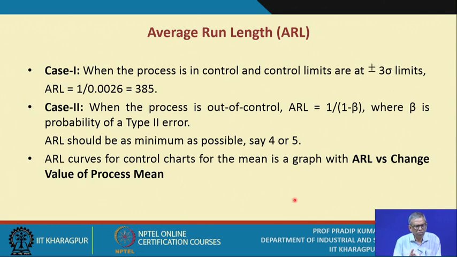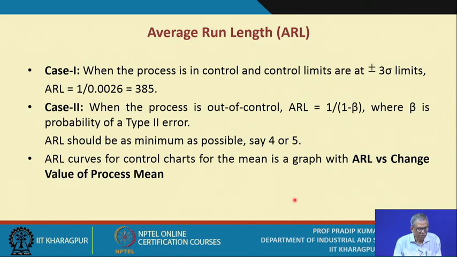ARL is obviously 1 upon alpha. Alpha is 0.0026, so that means it is 385. That means on an average, after every 385 sample points plotted, the 385th point may be shown as an out of control point.